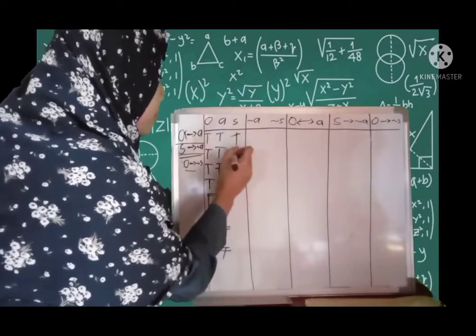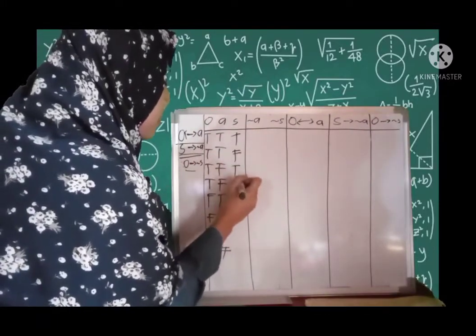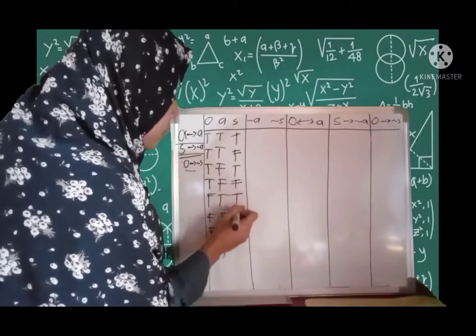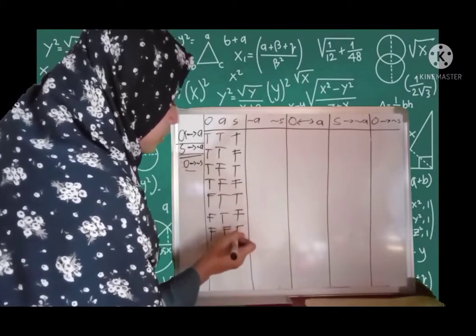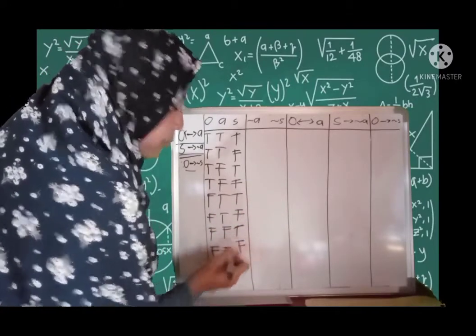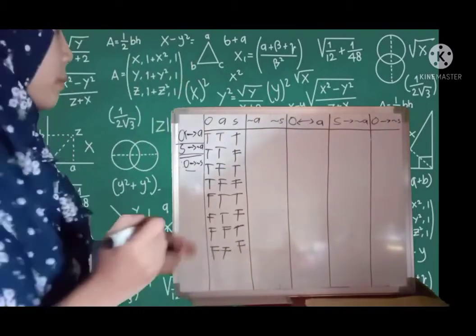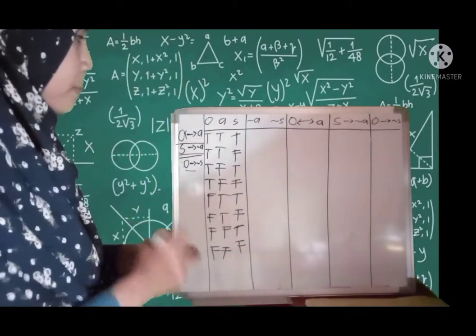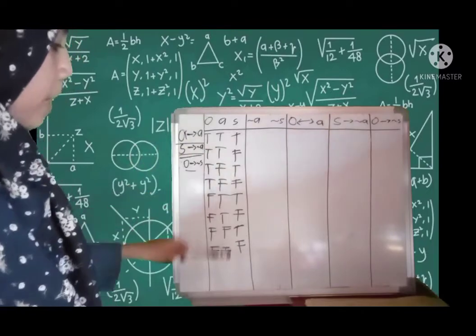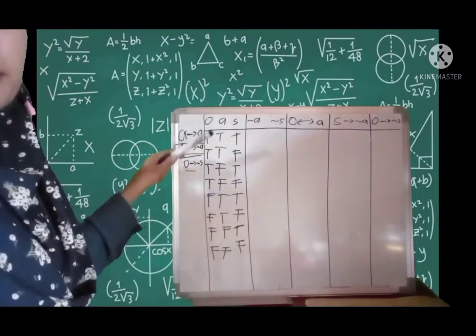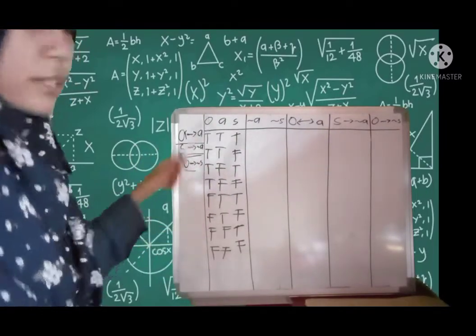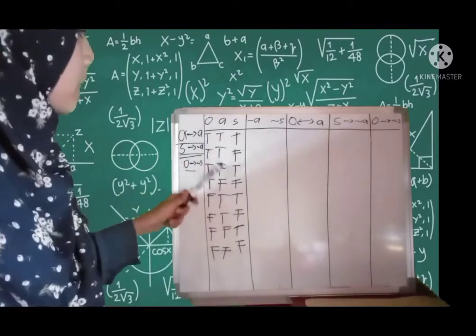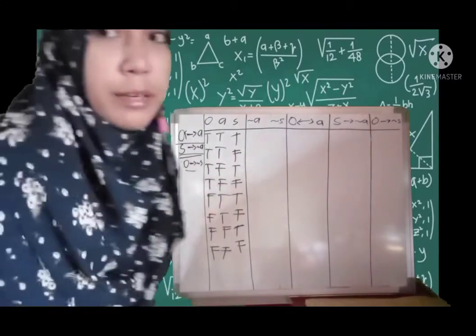True, false, true, false, true, false, true, and false. Ganyan yung pagkuha na ito ay automatic na to na malalagay dito. Constant na to siya. Hindi na yan siya maiiba.